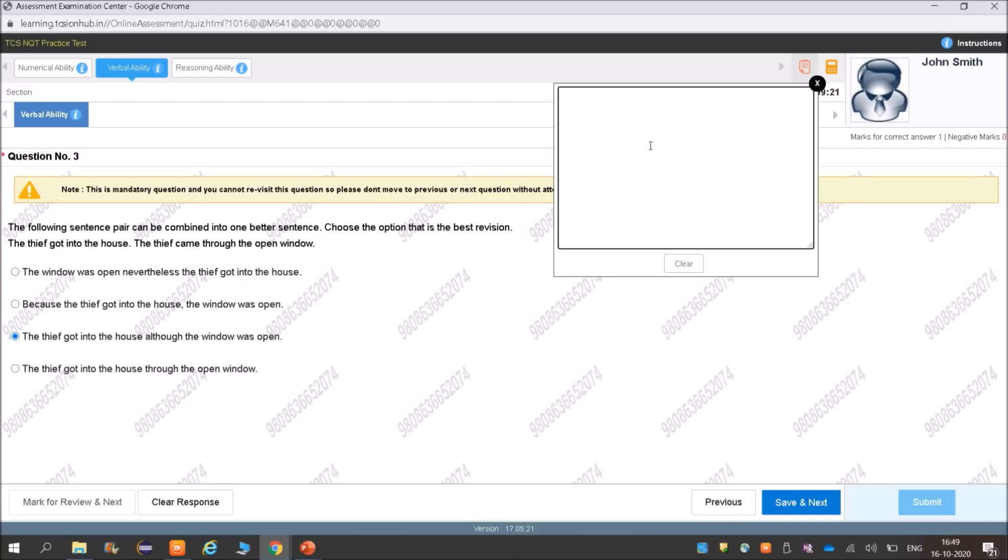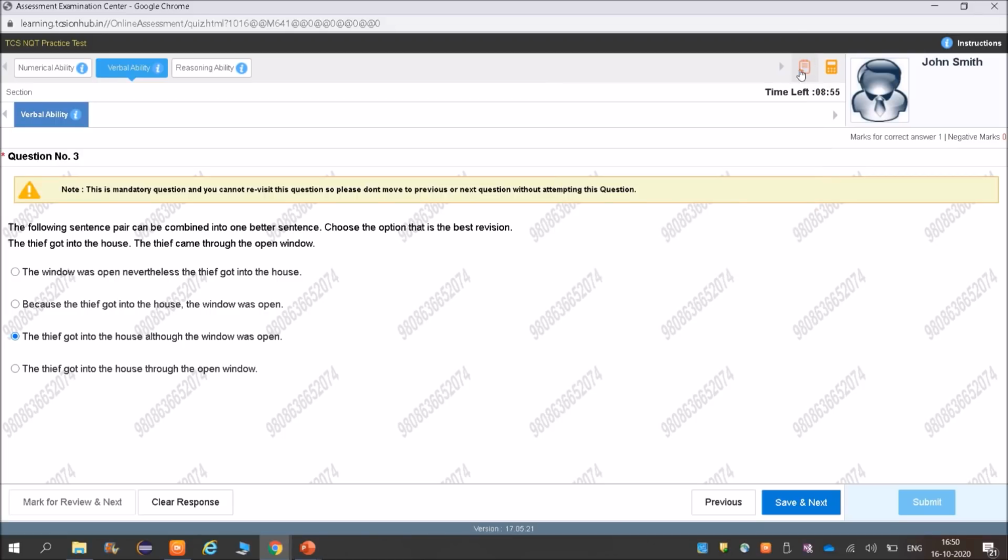Here you can write your text and save it. If you click on close, whatever you have written will remain. Suppose I write something here, and now I close it. Again if I open it, you will be able to see the text written there. Okay. So friends, this is how the text and calculator are going to work in the examination.